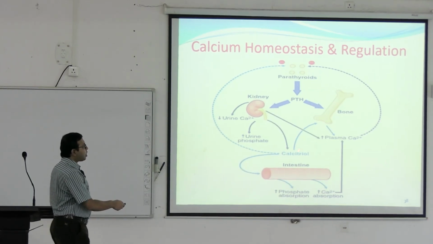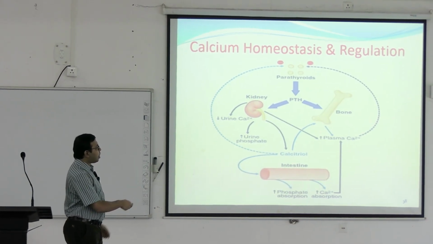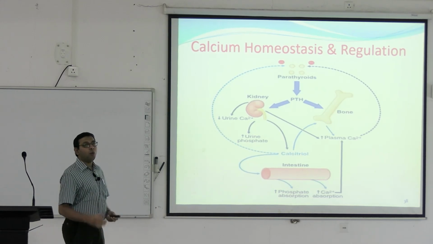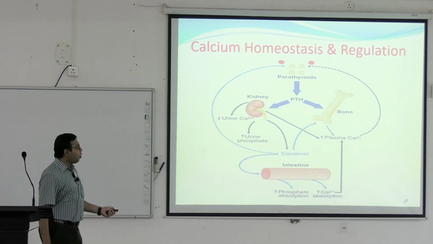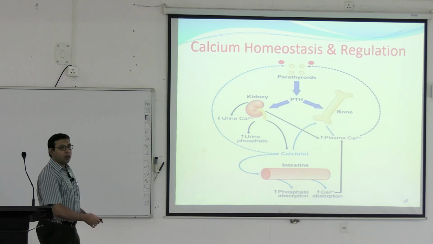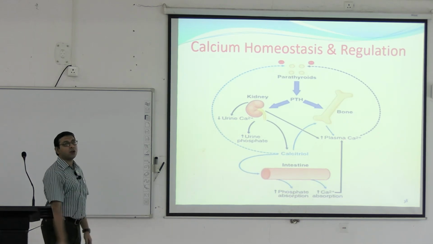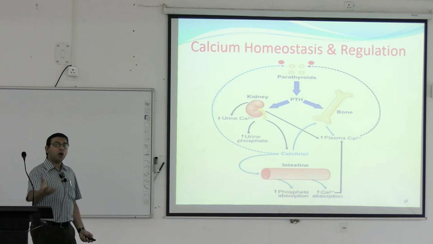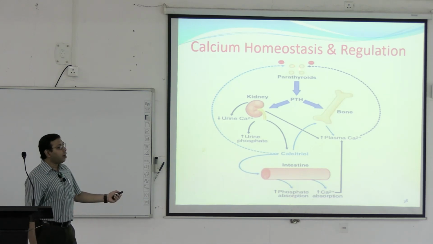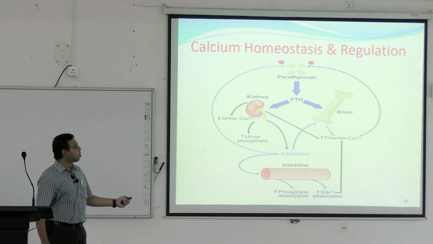In the intestine, this calcitriol and plasma calcium help in more calcium absorption, and this gives a negative feedback effect on the parathyroid gland. When there is more calcium in the blood, that ultimately leads to less parathyroid hormone secretion.